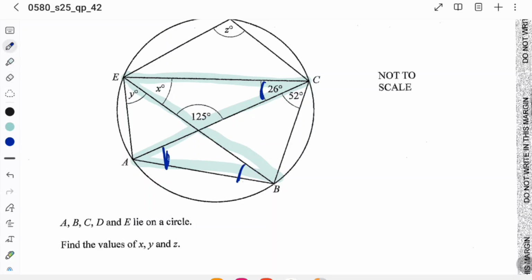If it is x, then it's also x. We can do the question in many ways. We can see that y is equal to 52 by looking at the diagram, angles in the same segment. And we have some cyclic quadrilaterals as well.